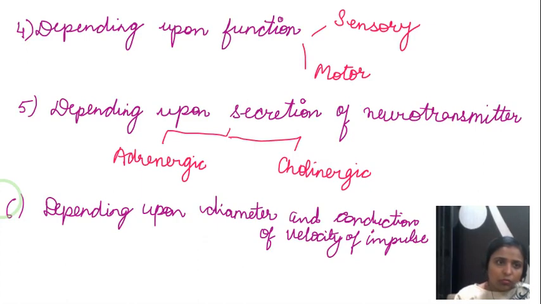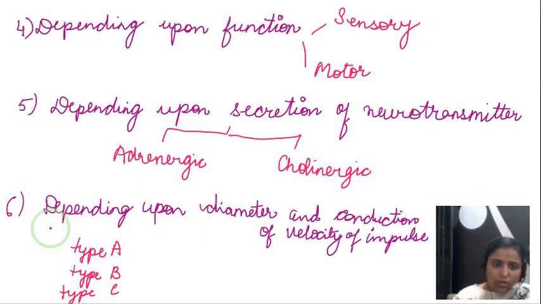This I'll tell you. They are divided into three parts, that is type A fibers, type B fibers, and type C fibers. And type A is again classified into alpha, beta, gamma, and delta, right? Now let's see one by one what they are.